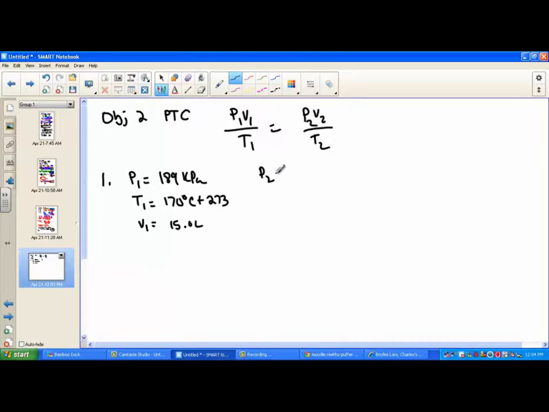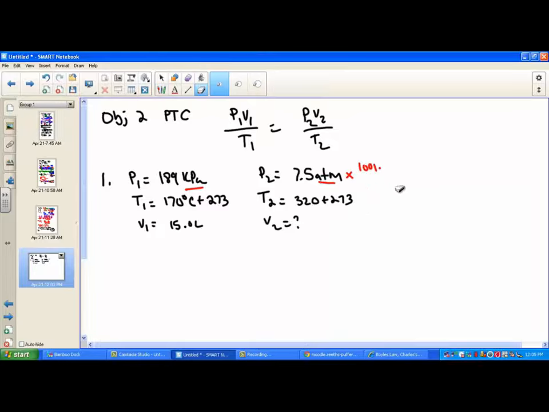Let's go ahead and tabulate for the second set of conditions. By changing the volume, the pressure of the gas increased to 7.5 atm, and the temperature was raised to 320 Celsius. We're going to adjust for the new volume. So again, we're just quickly going to notice that there's kPa on one side, atmosphere on the other. So of course we understand that we need like units in order for the algebra to work.